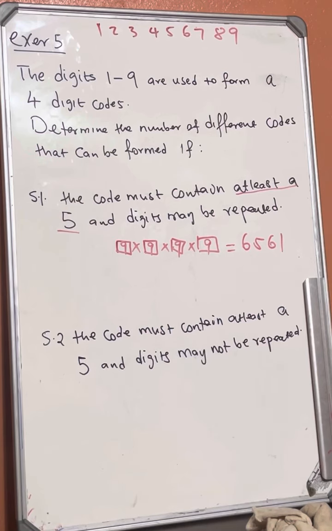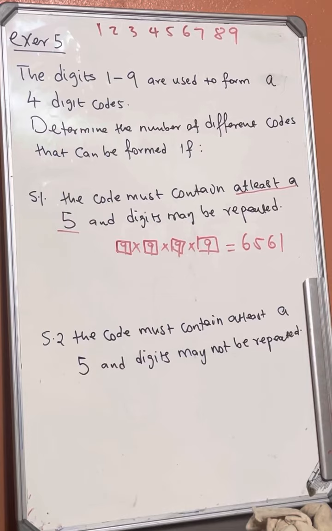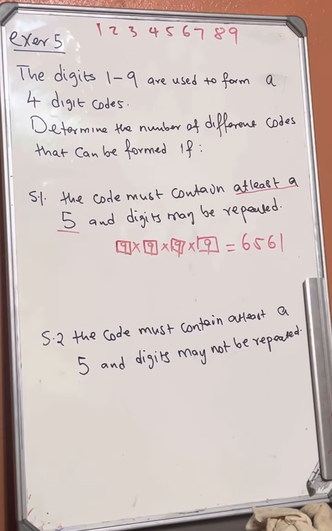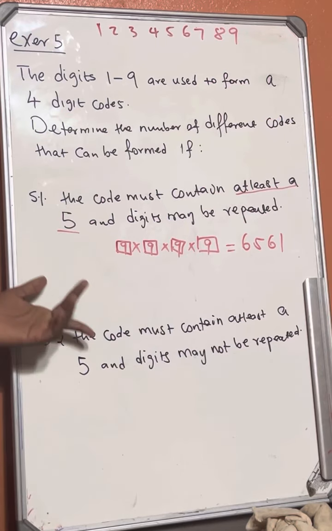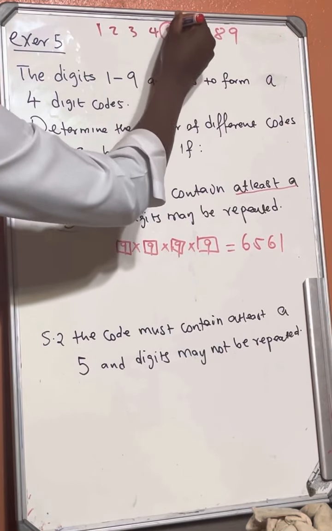This time around, remember a 5 is included there. We want to find codes which contain at least a 5. Here there are codes which don't have 5. Here we have codes with a 5 and those codes that don't have a 5 at all. In this case, let's separate and get those codes that don't have a 5, meaning that I'm going to remove a 5 from the set.